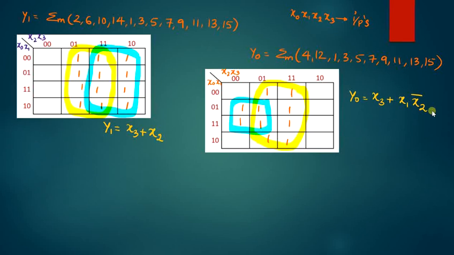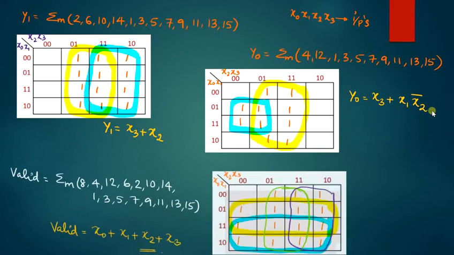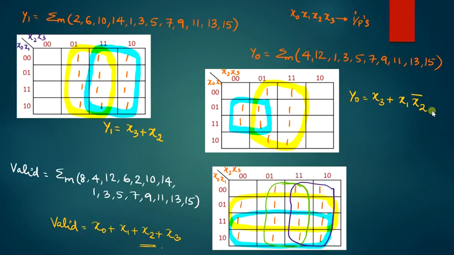Now the last one is the validity. For the validity you have to consider all the elements except for 0, because we said 0, 0, 0 was not a valid case. So all the elements have to be considered except for the element 0.